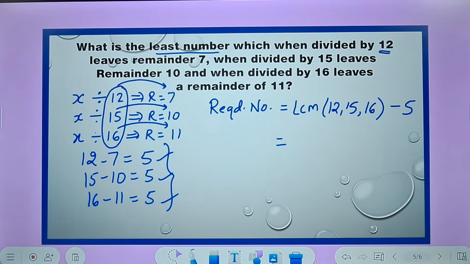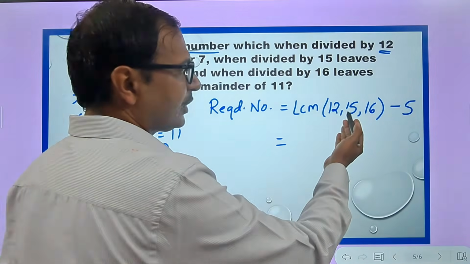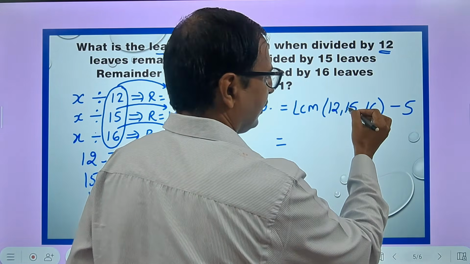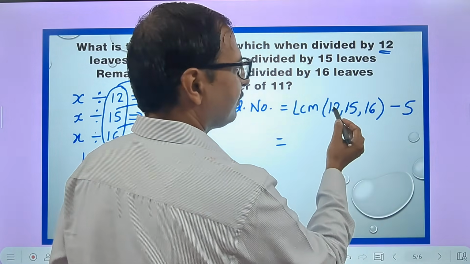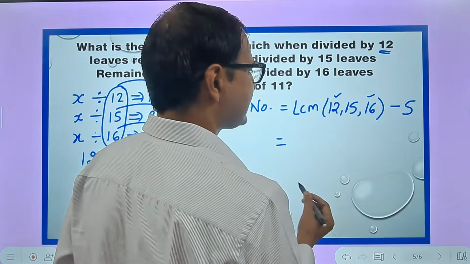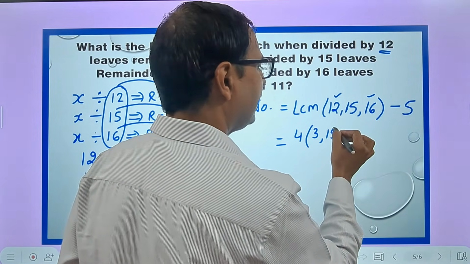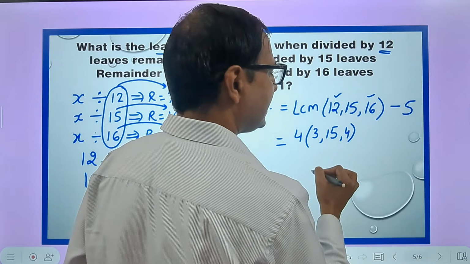Now the important thing is, how do you find the LCM of 12, 15 and 16? For finding the LCM of 12, 15 and 16, you can take out the common factors. I can see a common factor of 4 here. 4 divides 12 and 4 divides 16. So 4 3s are 12, 15 and 4 4s are 16, right?